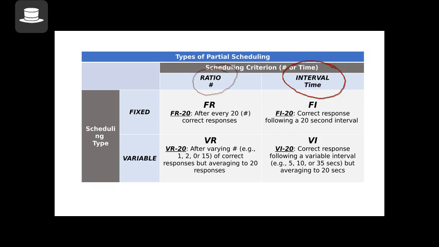An example for a ratio scheduling would be reinforcing responses after 10 correct responses. An example for an interval scheduling would be reinforcing a response after, say, 10 seconds of no reinforcement.